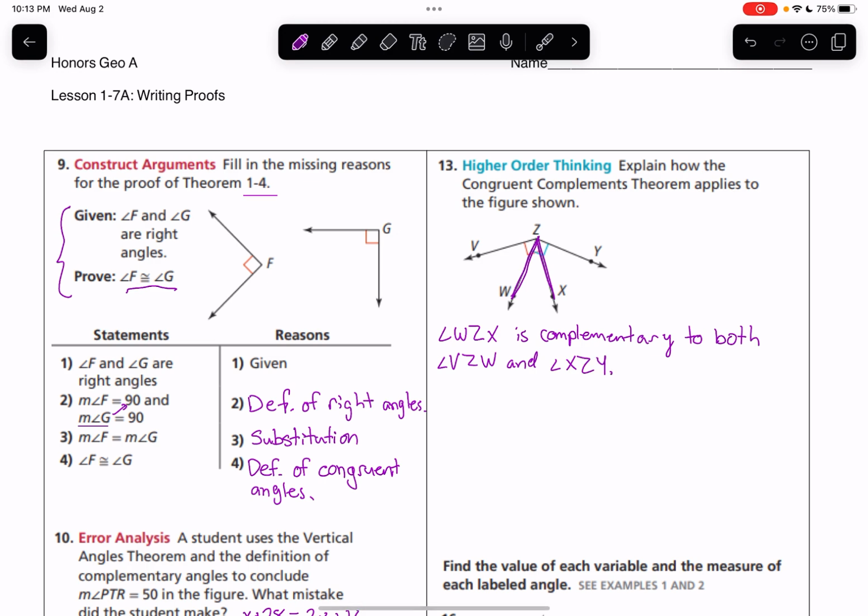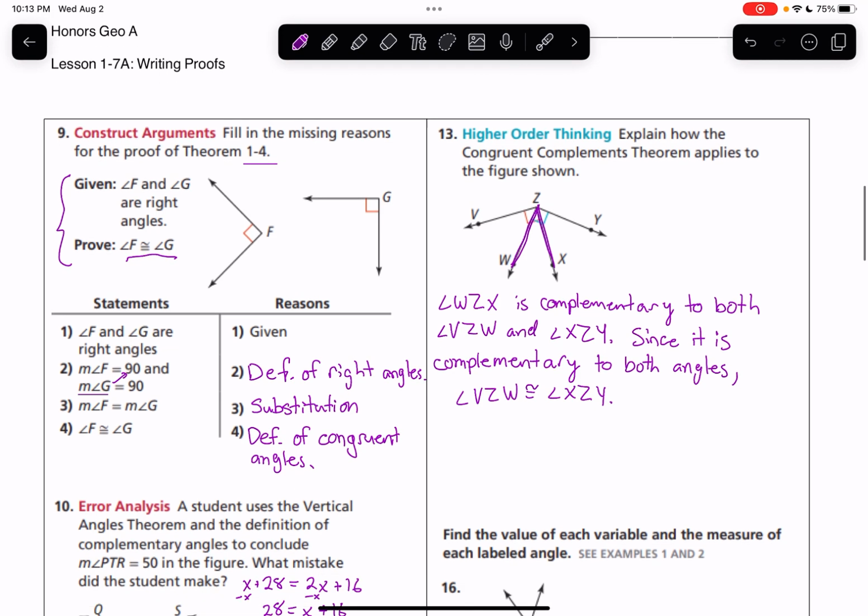And since it's complementary to both angles, then angle VZW is congruent to angle XZY. That's how that theorem applies here.